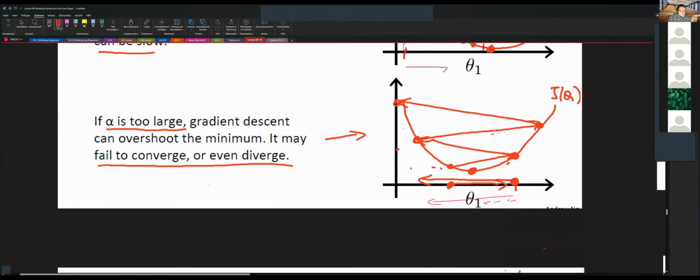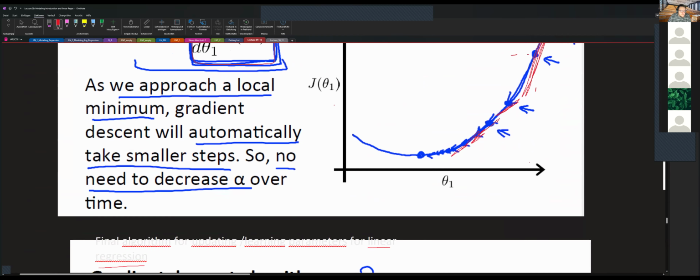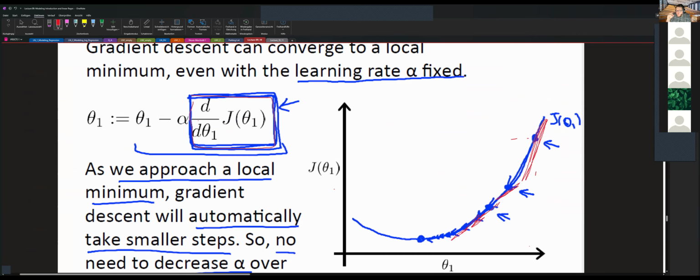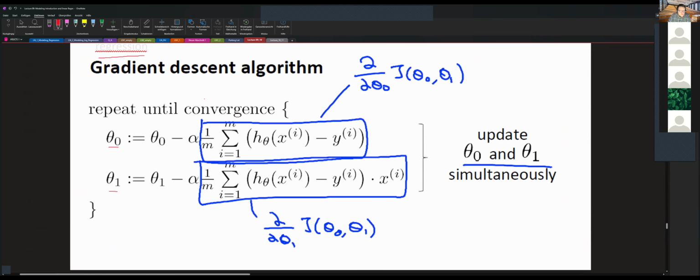Now, if we do this for the regression and fill in the derivative, we can calculate it and see the actual equation for that. But we don't need to know that.